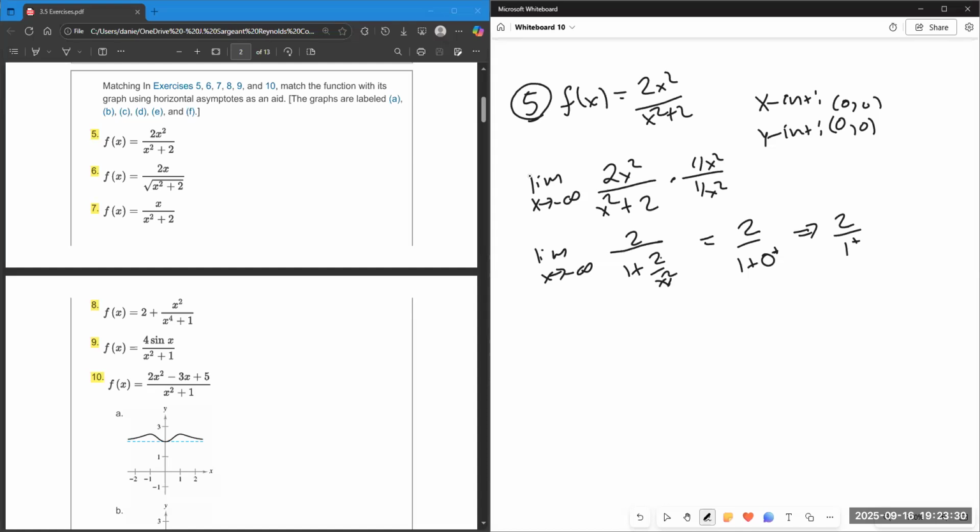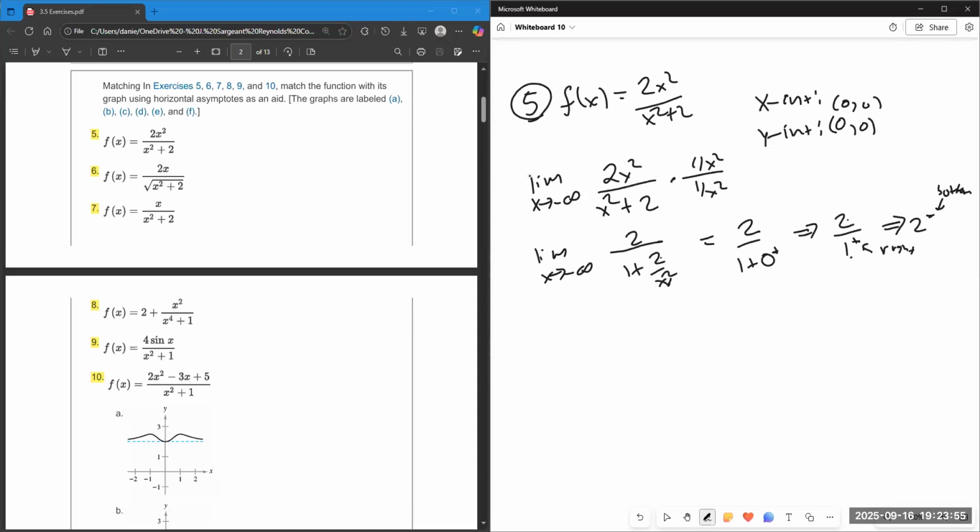So I'm dividing 2 by a number a little bit bigger than 1. So this is approaching 2 from the left. Or I'm sorry, not from the left, from the top. This is from the right. This is from the bottom, because I'm talking about the y value now.